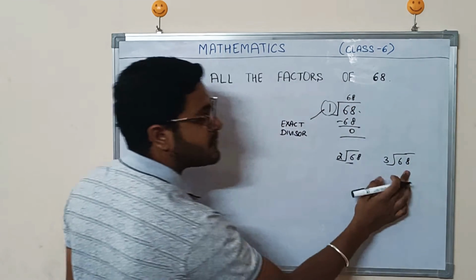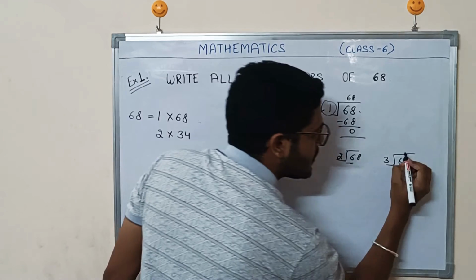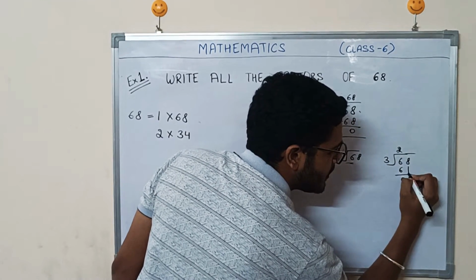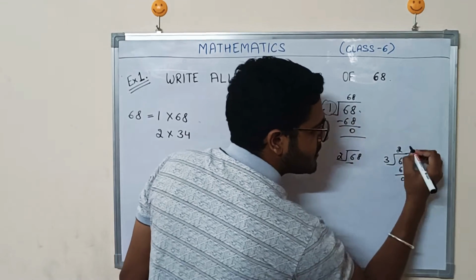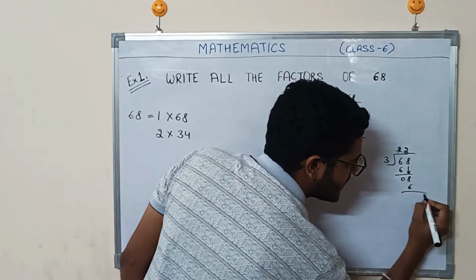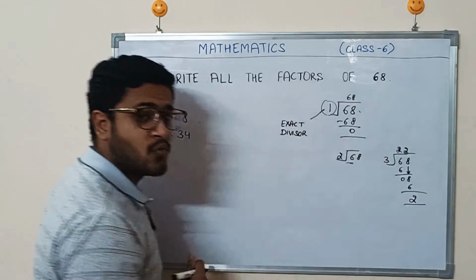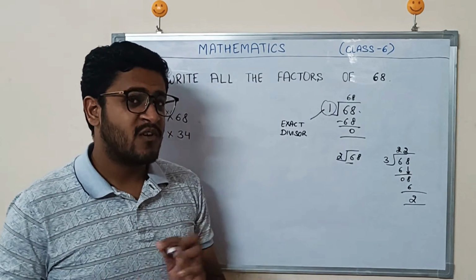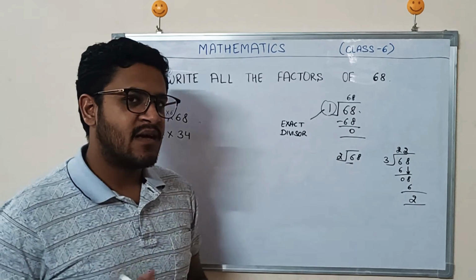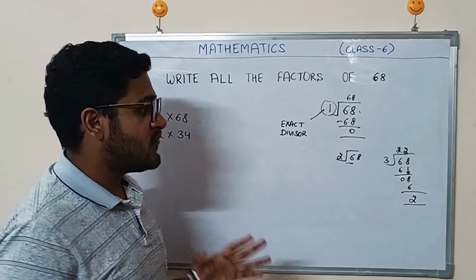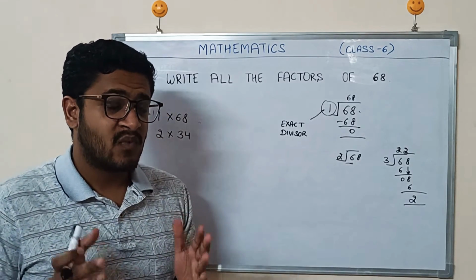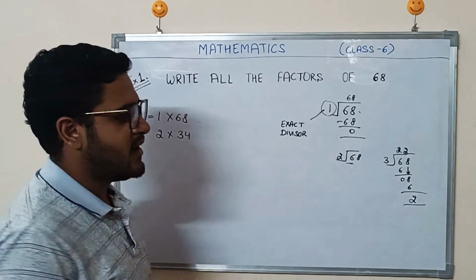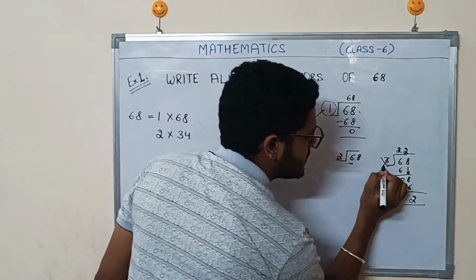When we divide 68 by 3, 3 twos are 6, and the remainder is 2. So we didn't get the remainder as 0, which means 3 is not an exact divisor. If 3 is not an exact divisor, it is not a factor of that number, right? So we will not consider 3.